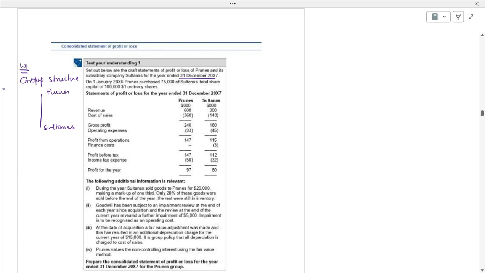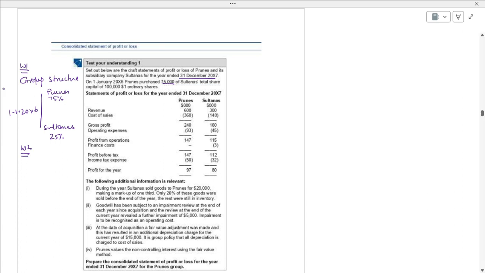They have purchased 75,000 of 100%, which means 75% belongs to Pawns and 25% belongs to the subsidiary, when they purchased on 1st January 2006. This is the first thing you have to do with respect to group structure.